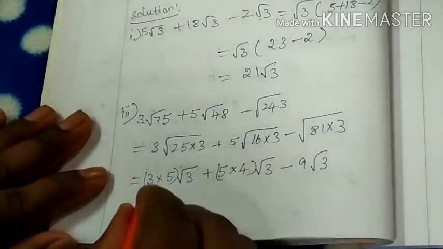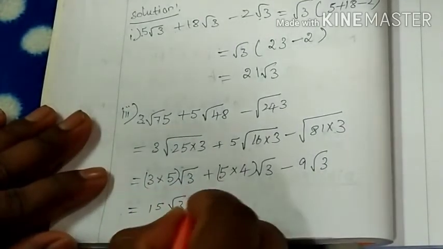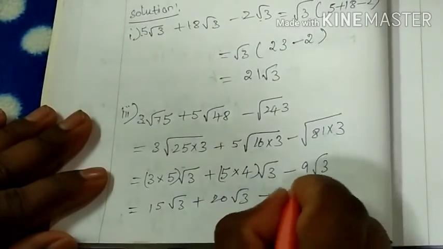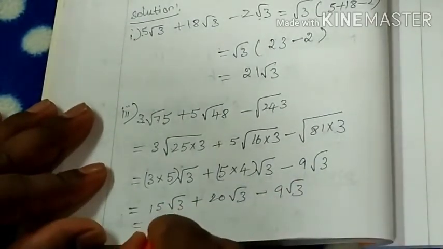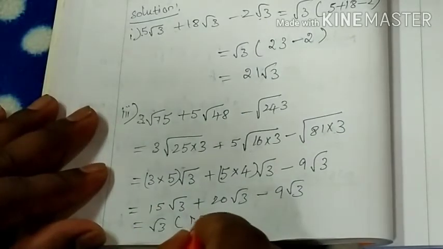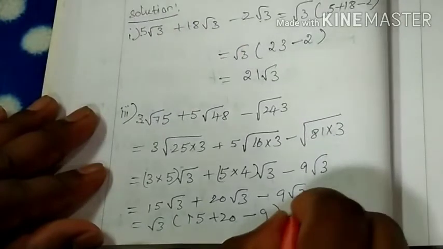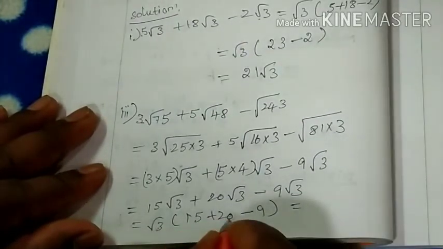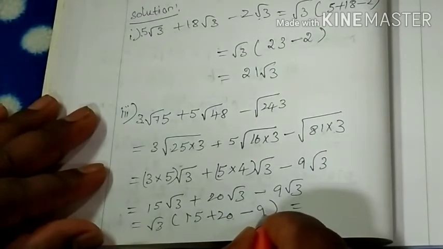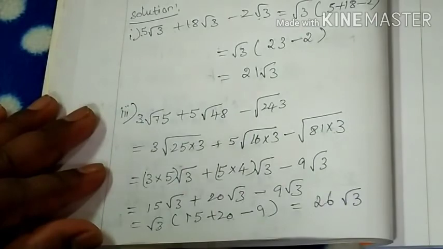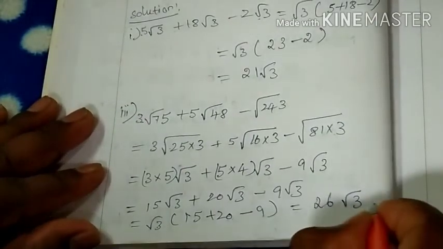So 3 5s are 15 into root 3, plus 5 4s are 20 into root 3, minus 9 into root 3. Root 3 is common, then adding the values 15 plus 20 minus 9, which is 15 plus 20 is 35, 35 minus 9 is 26. So 26 root 3. Have you understood the answer?